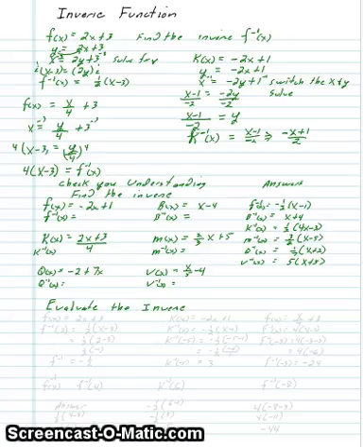So if we have f of x equal to 2x plus 3, and we're going to evaluate the inverse at 2, we found that the inverse of 2x plus 3 is 1/2 times the quantity x minus 3.